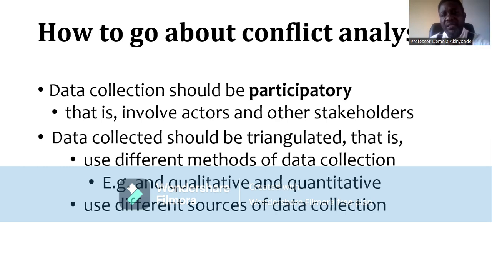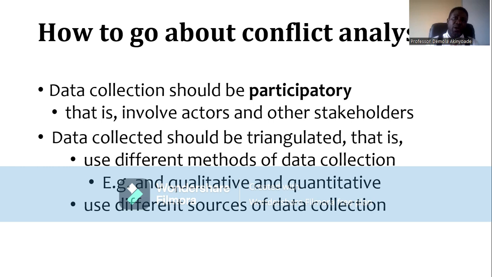And the data we collect should be triangulated. What do we mean by triangulation of data? We mean that we should use different methods of data collection, and also different sources of data. What does that help us to achieve? It helps us to achieve an approximation of reality.